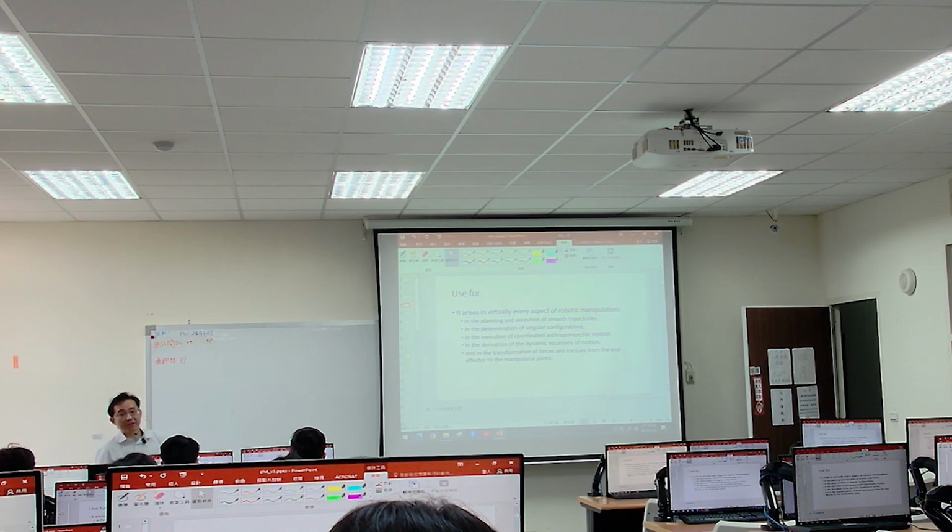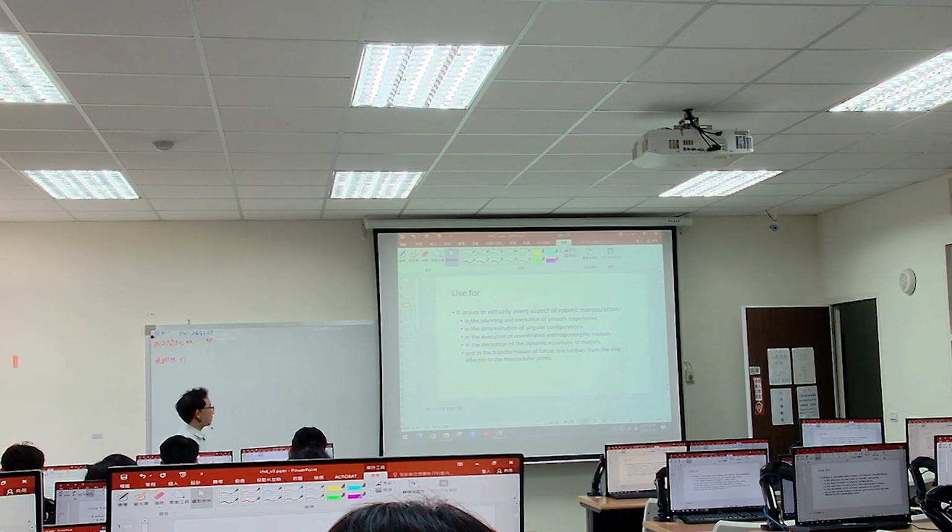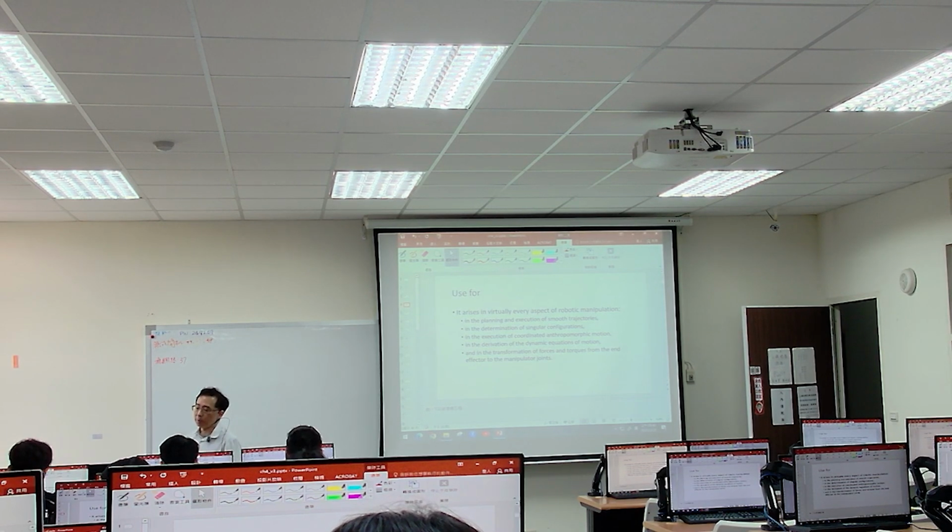That's the first time I actually tried to apply it on the real machine. So I would say it's useful, and we really appreciate the concept, okay? And we can also transform the force and torque, and other things. So this is the utility of the Jacobian section.